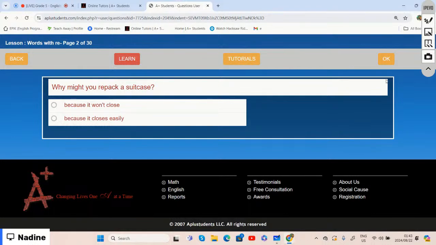All right. Remember we said re means again, to do something again, right? So now why might you repack a suitcase? Is it option one because it won't close or option two because it closes easily? Why might you repack something?